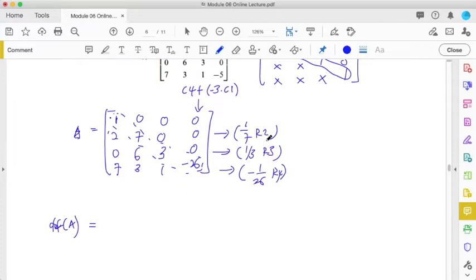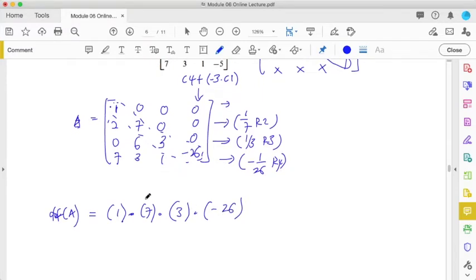For row 1, since we didn't change anything, we just write 1, multiplied with, for the second row, the denominator 7. For row 3, we multiply with denominator 3. And for row 4, we multiply with denominator negative 26. That would be inside our determinant operations.